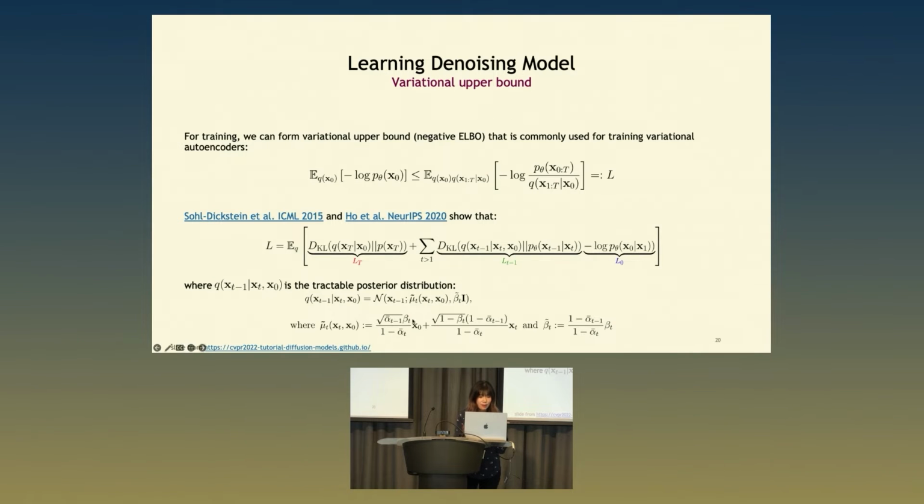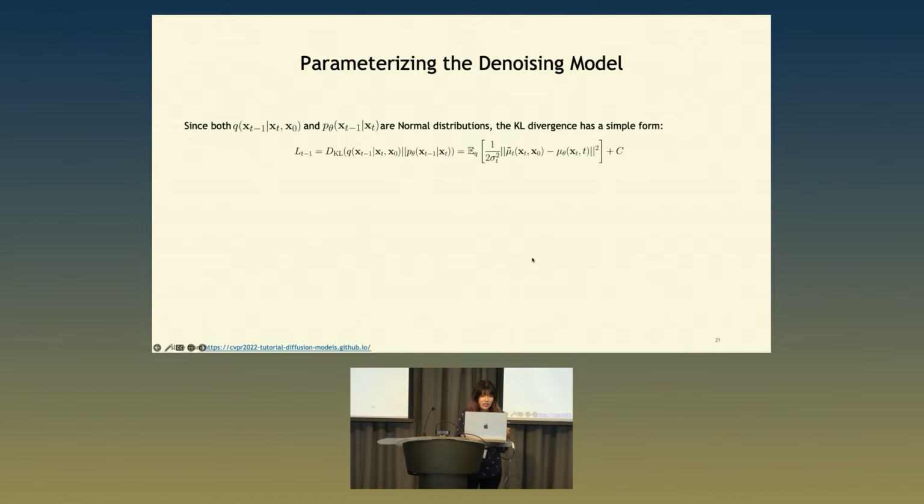And because we know both this q distribution and this p_theta are Gaussian, we can derive the tractable formulation of this KL divergence term, which is in the form of the L2 distance between the posterior mean of the q distribution and the predicted mean of the denoising distribution, which is this mu_theta. And then the next question is, how should we parameterize our network for this mu_theta output?